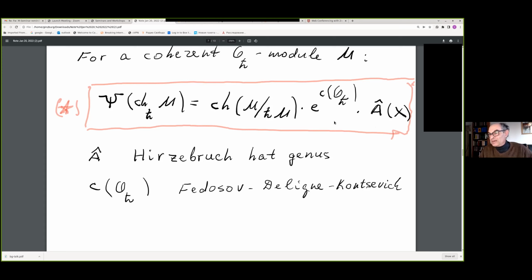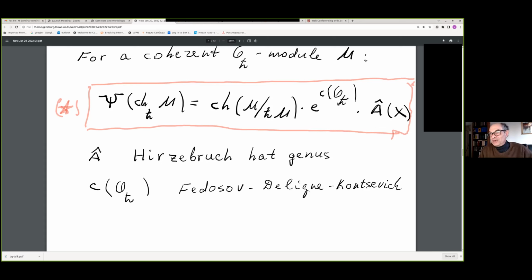And also there's another correction, namely this exponential of C of O H bar. This correction keeps track of what quantization I use. This is the class of Deligne, Fedosov, and Kontsevich, which parameterizes my quantization.